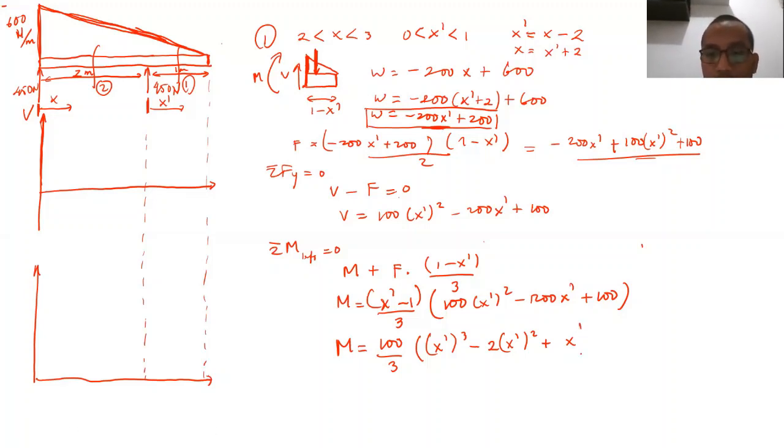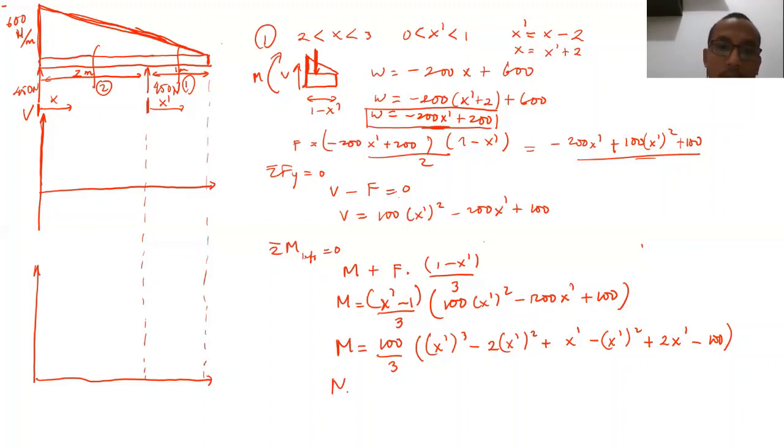Minus x(n). Okay, and then using the minus 1 minus x(n) square, then plus 2 x(n) minus 100.